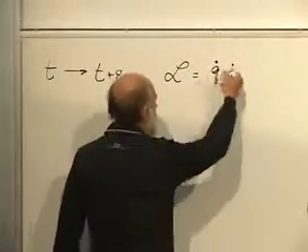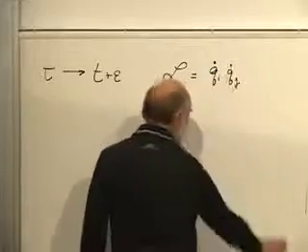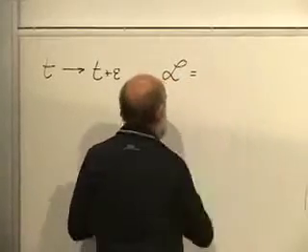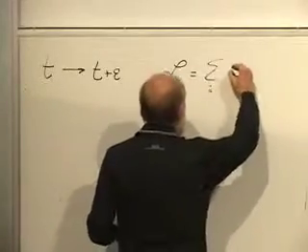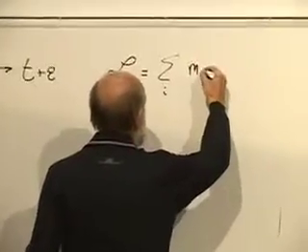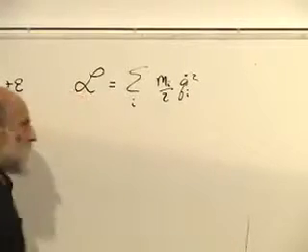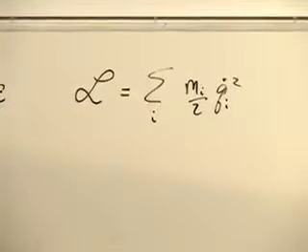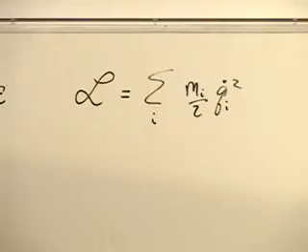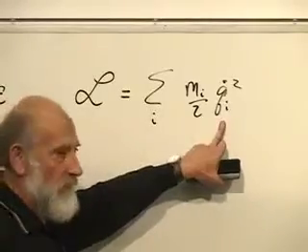It can contain coefficients, masses, or whatever you like. Let's simplify it and say it's some sum of coefficients, I'll call them m sub i over 2 times q sub i dot squared. This does not have to be linear motion, just as long as the Lagrangian contains quadratic things like this.